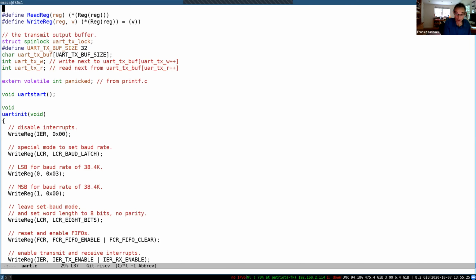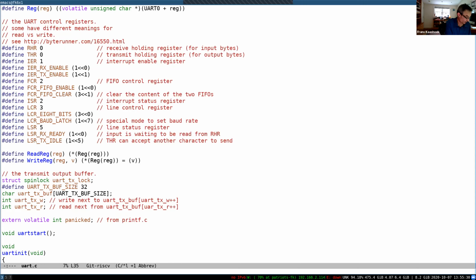First, it turns out that the UART actually has only one lock. You can think of this as a reasonable coarse-grained design, at least for the UART. That lock protects the UART transmission buffer, the write pointer, and the read pointer.